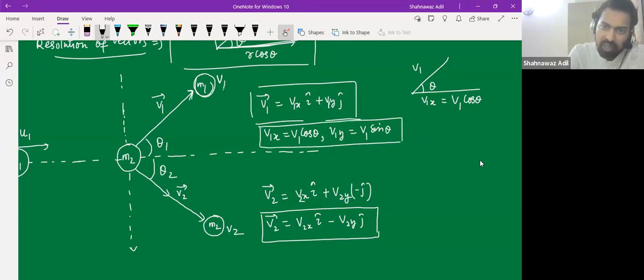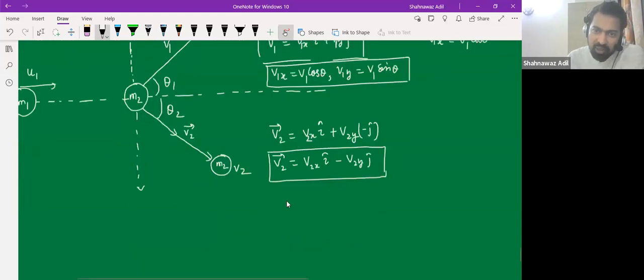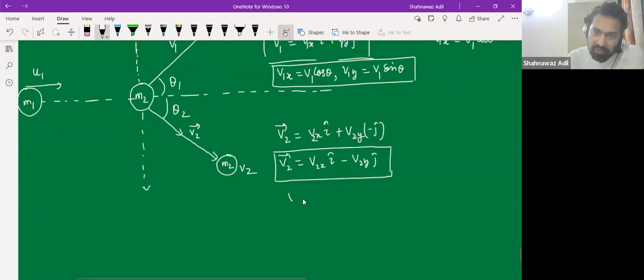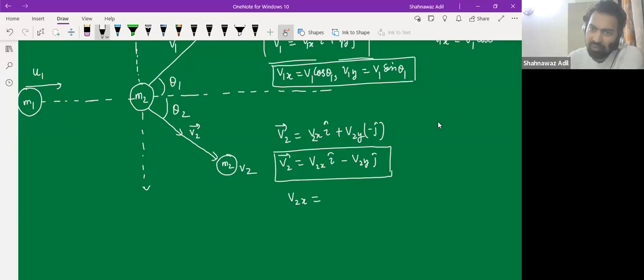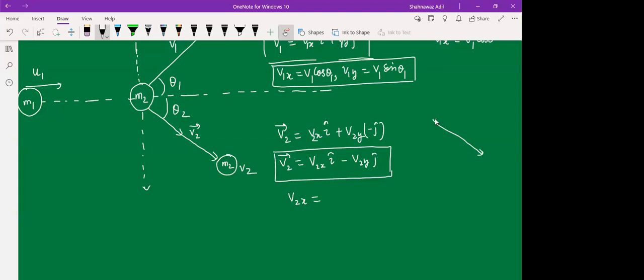And similarly, what is v2x? The angle is theta 1, so v2x would be how much? v2 cos theta.